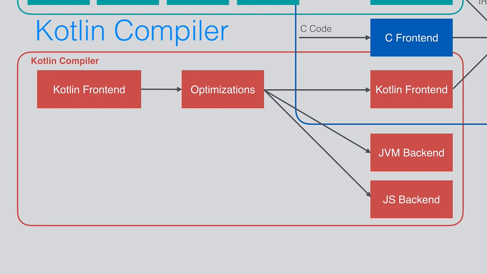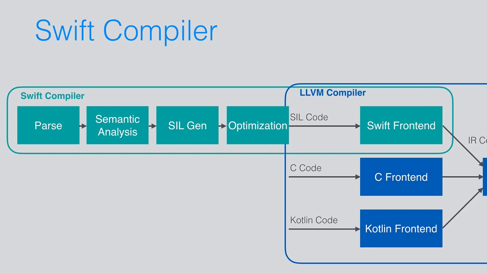And what's important about this is that, if we go back, Kotlin goes through here, compiles into our Kotlin front end, that goes through the LLVM optimization process and everything. Swift does the exact same thing.